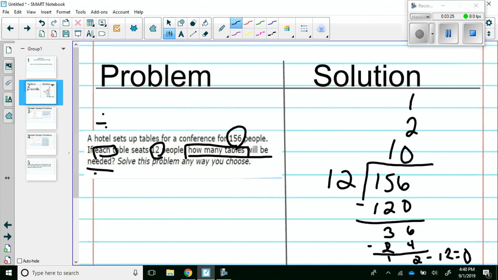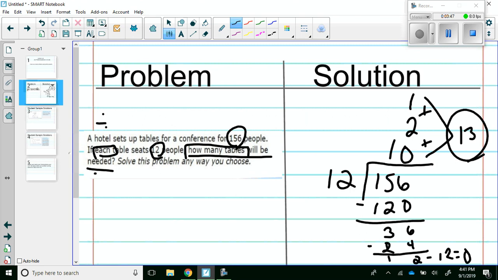So I know I can fit all 156 people into each table equally. So now I add all these together. I have 10 plus 2 plus 1 would give me an answer of 13 tables. Now I know how many tables I would need for the conference.